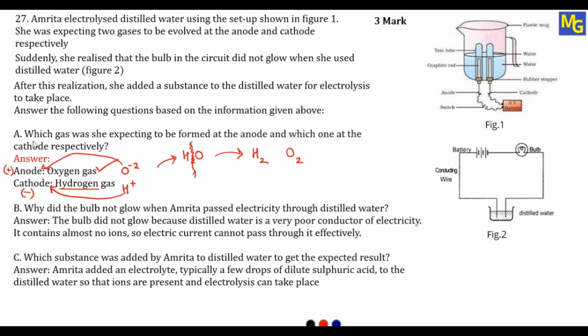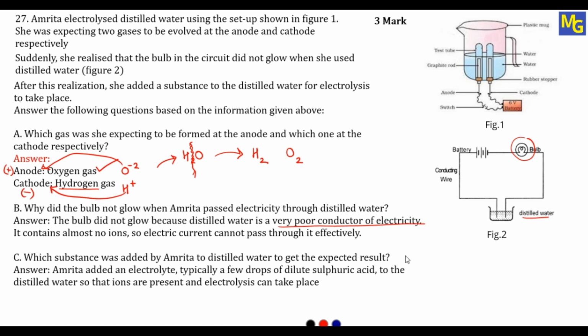Now question B. Why did the bulb not glow when Amrita passed electricity through distilled water? Very simple. As I told, when she used distilled water, the bulb was not glowing. What is the reason for this? That you have to explain. The bulb did not glow because distilled water is a very poor conductor of electricity, because it doesn't have any salts in it.